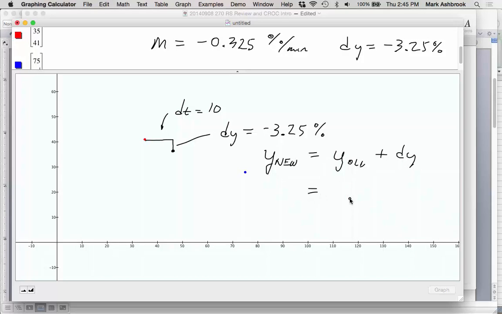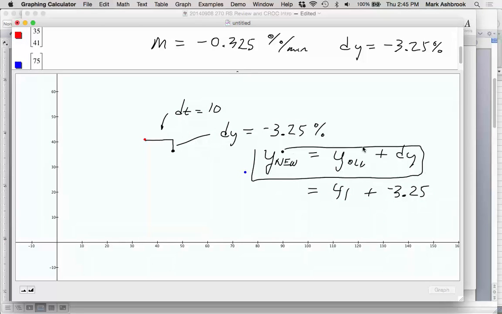What is y old? 41. What was the change in y? Should make sense. It started at 41% and in those 10 minutes it went down 3.25, so you're just going to add 41 plus negative 3.25. So the new percent is? And that's shown right here.